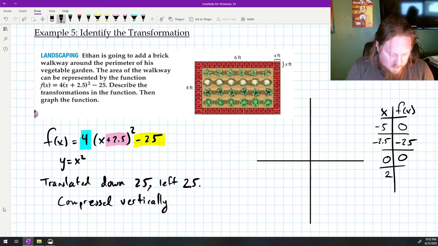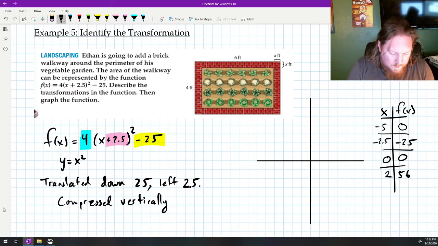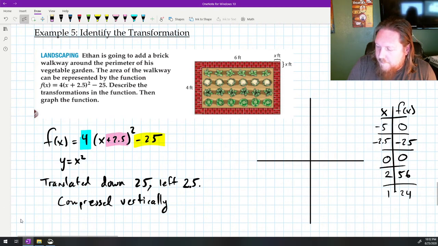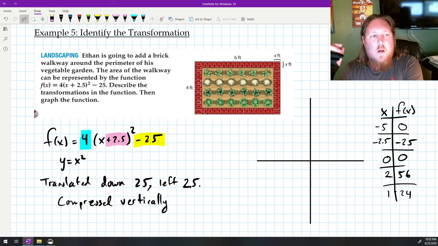And let's plug in a 2. And I get 56. That's gigantic. That's probably not going to be on my graph. So let's try 1. And there we go. That looks like it might be something that I can do. 24.